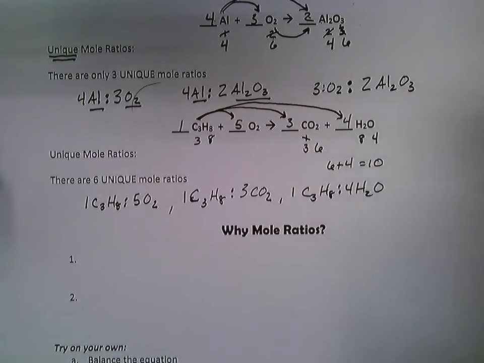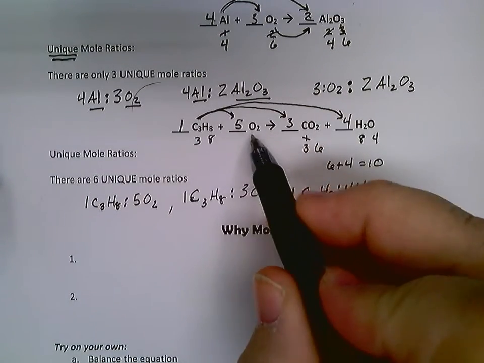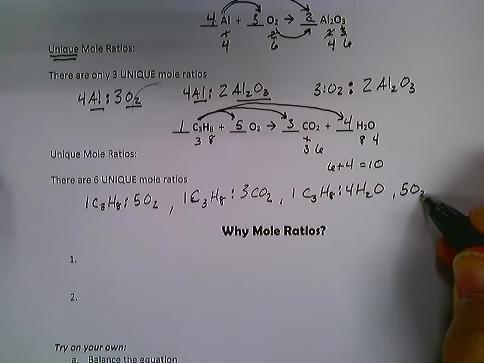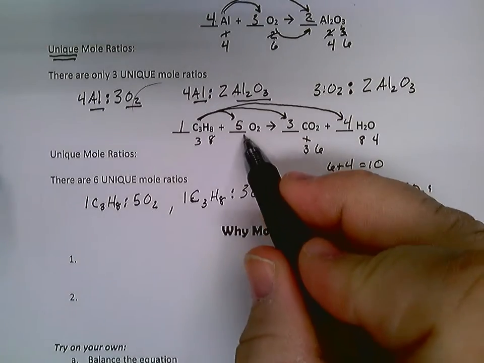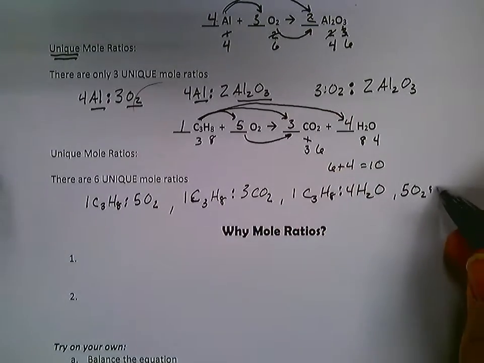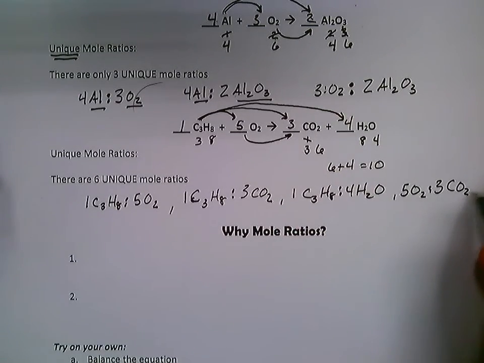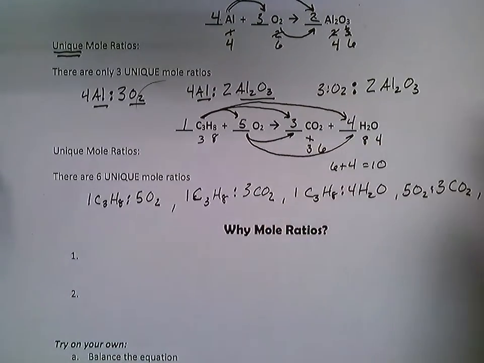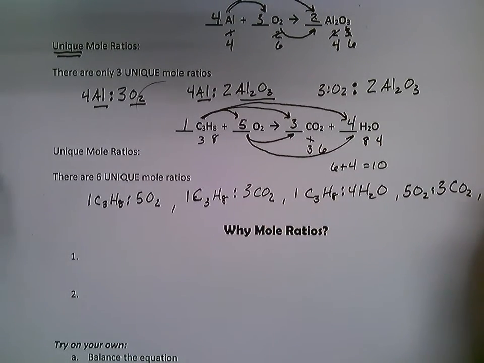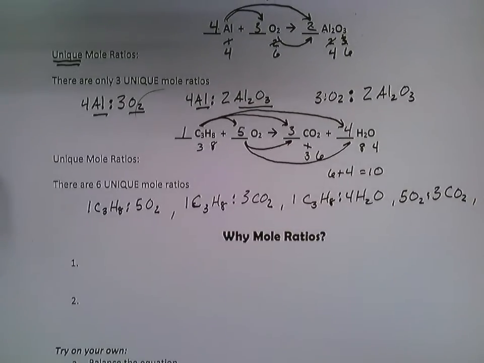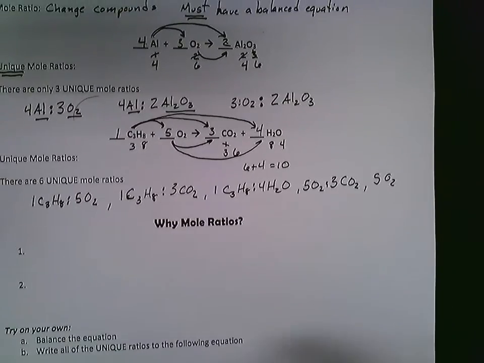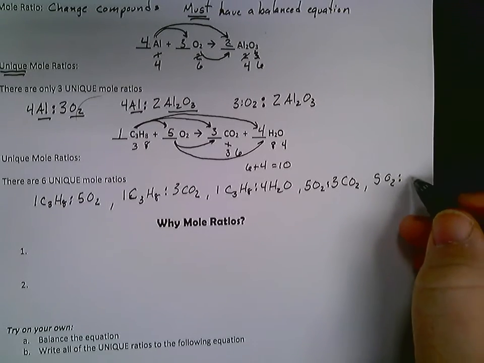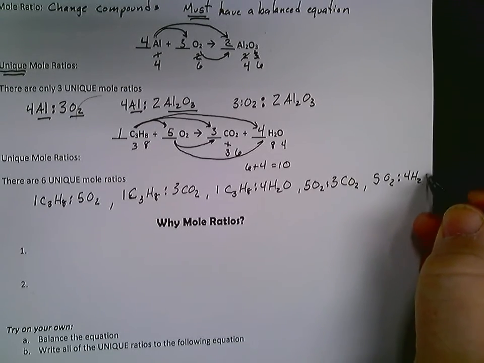Then, just like before, we're going to repeat the process. We're going to move one over. We're going to start with O2. 5O2 is to 3 CO2. Then this can also go over here. So we got 5O2 to 4H2O.